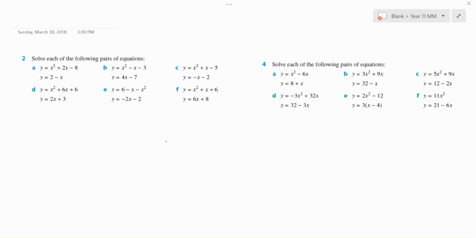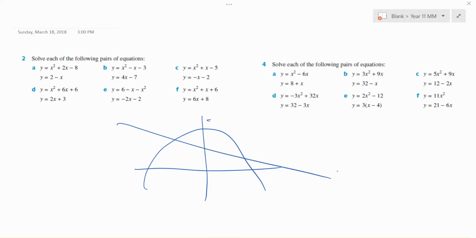Now, the thing about intersections is when a graph crosses another, when they intersect each other, they both share the same x and y coordinates, meaning that at this point, both the quadratic and the linear have the same x and y coordinate. Because of that, we say that these two y values must be the same at the intersection.